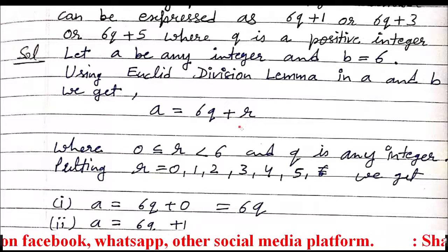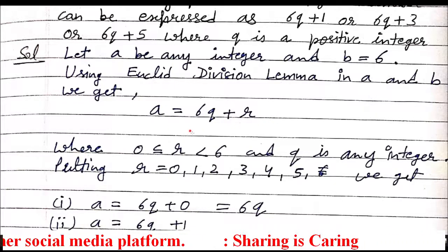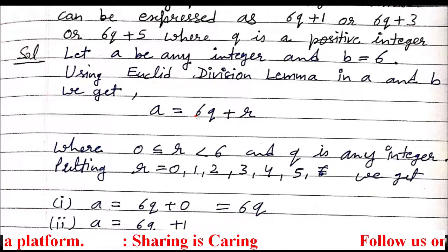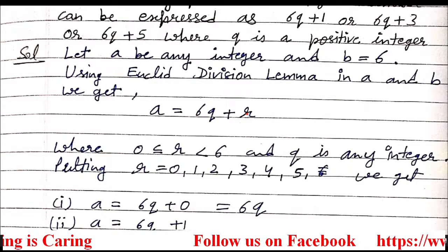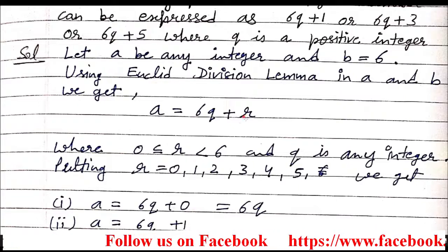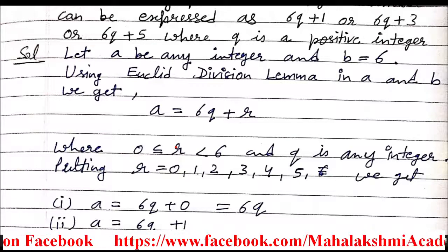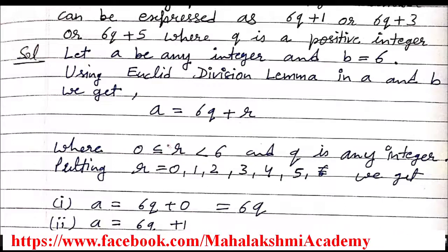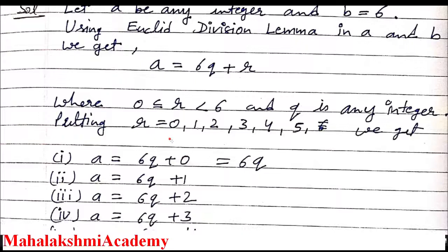Here it is actually the division rule, so 6 behaves as the divisor and r is the remainder. The remainder cannot be more than 6. That's why the restriction for r is greater than or equal to 0 but less than 6, and the possible values of the remainder are 0, 1, 2, 3, 4 and 5.